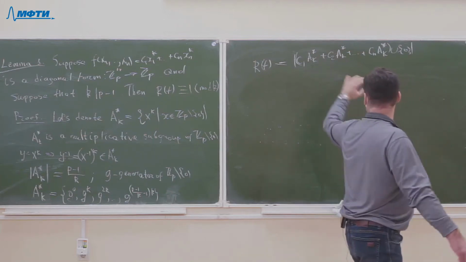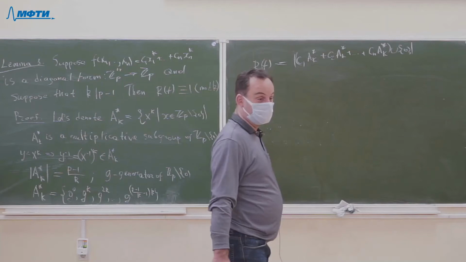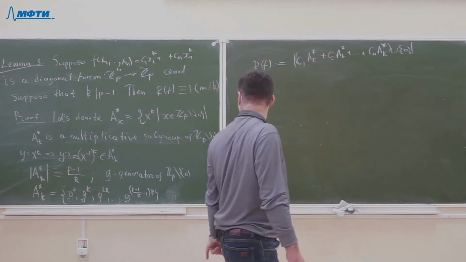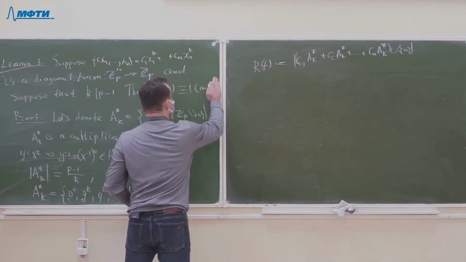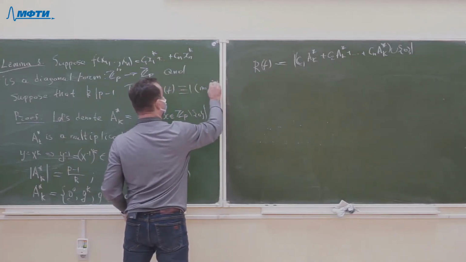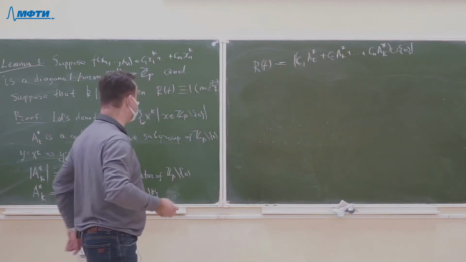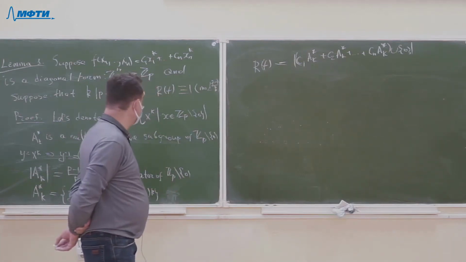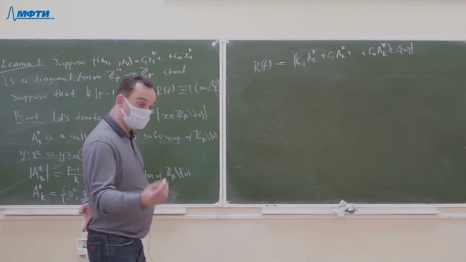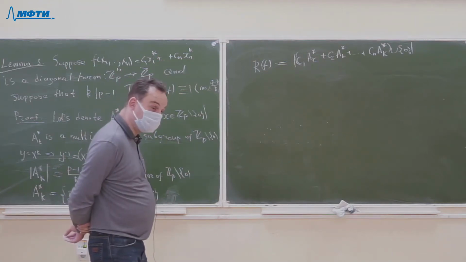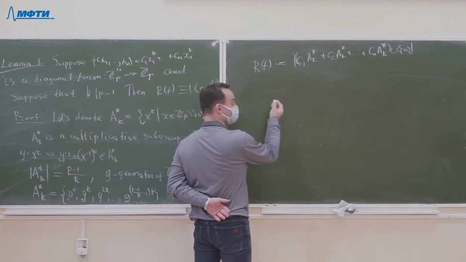Right, let's prove that the size of this sum set is divisible by, not k, sorry, p minus 1 divided by k. Divisible by p minus 1 divided by k. Well, how to prove it? Okay, let's prove this fact.